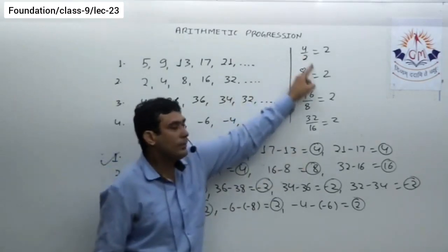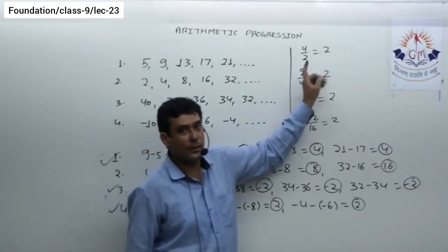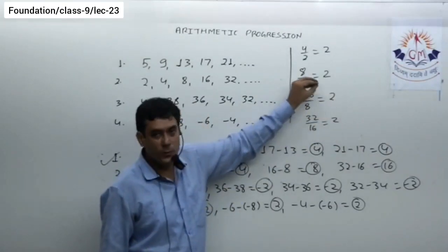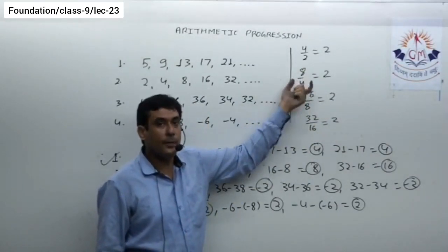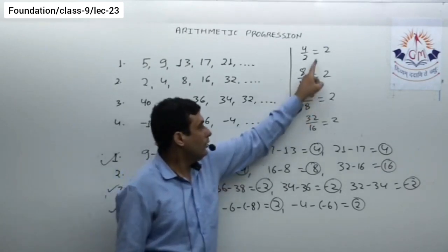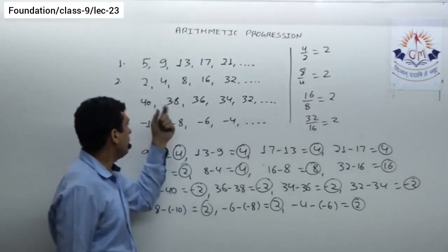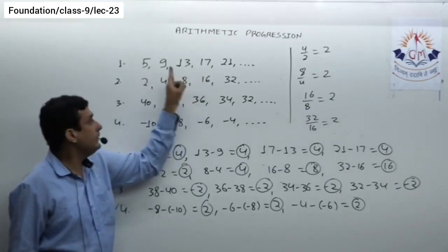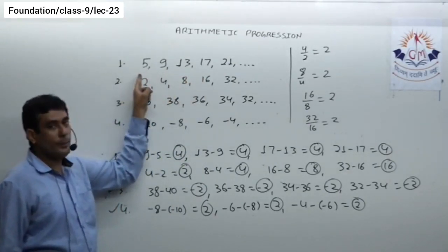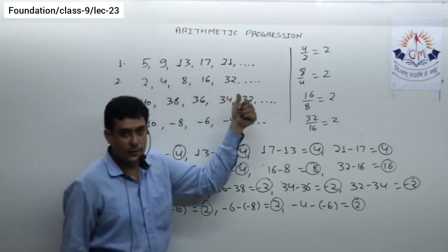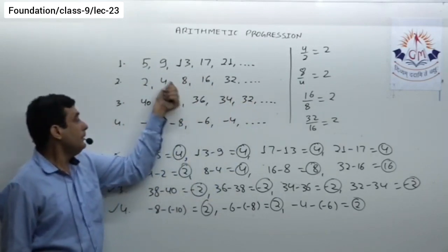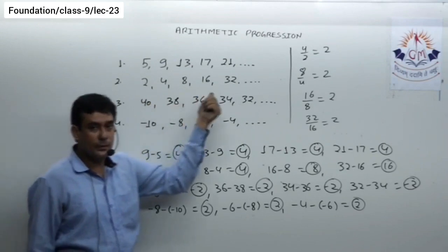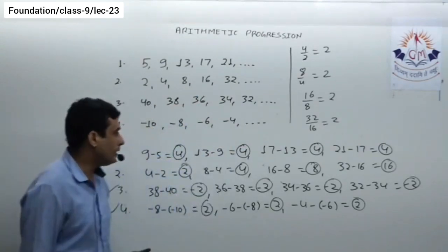So this type of sequence is called a geometric progression. I am giving you just one example because I named that geometric progression. Just for your understanding: arithmetic progression is where any term minus the previous term is constant. Any term divided by the previous term being constant is geometric progression.